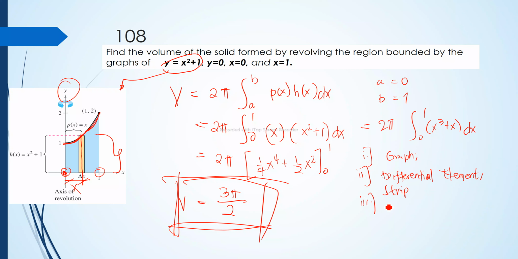Determine the lower and the upper limits. Remember that the disk method is very simple because that is just pi r squared h. The shell method is also quite simple because that is just 2 pi times the average radius times the length times the thickness, say a dx or a dy.